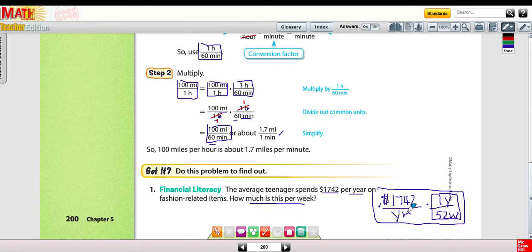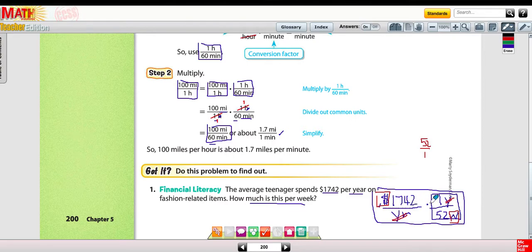And now all we have to do is multiply straight across. Notice that the years are across from each other, so we can cancel those out. I could have put 52 weeks in 1 year. That's the same as 1 year over 52 weeks. But in this case, I wanted the years to be across from each other so I could cancel them out, leaving me with dollars per week.